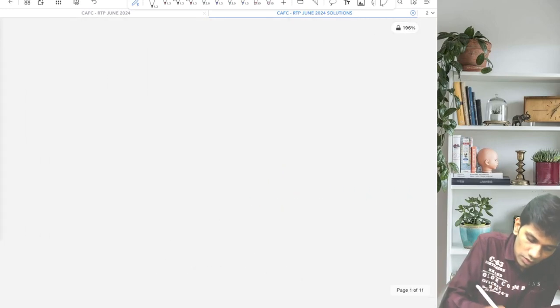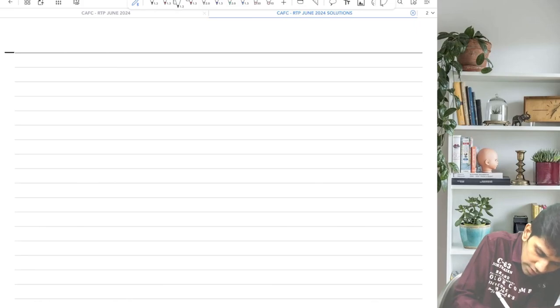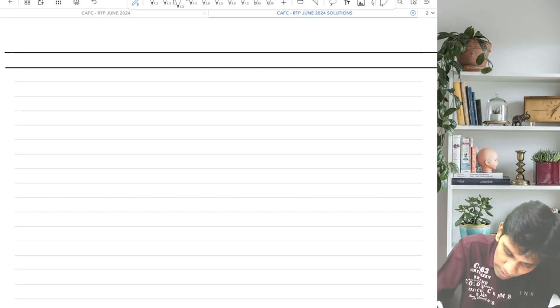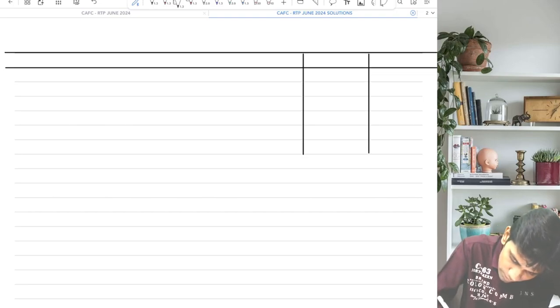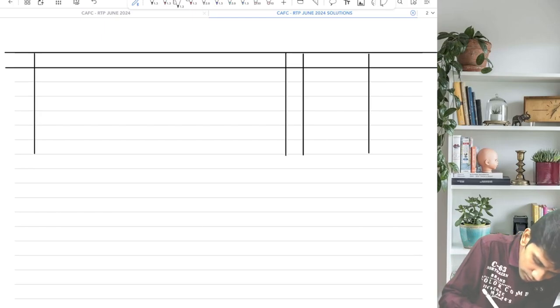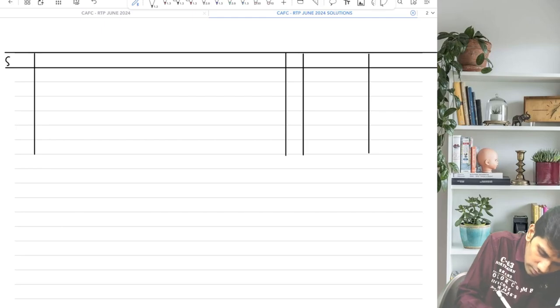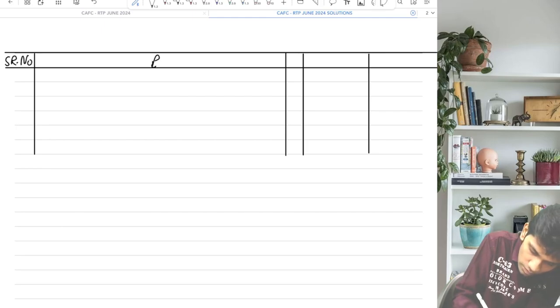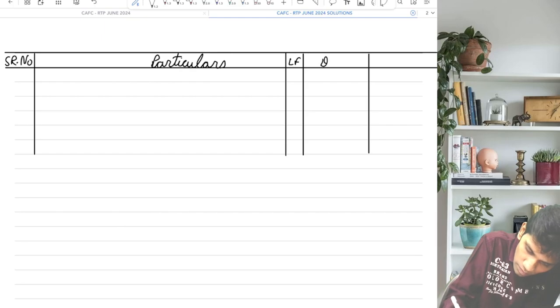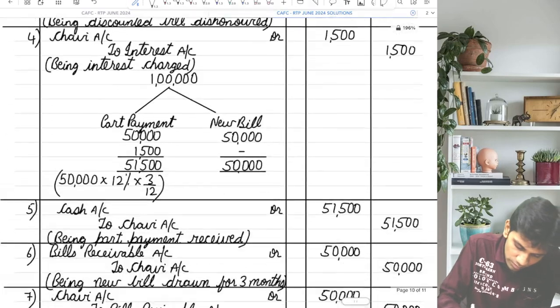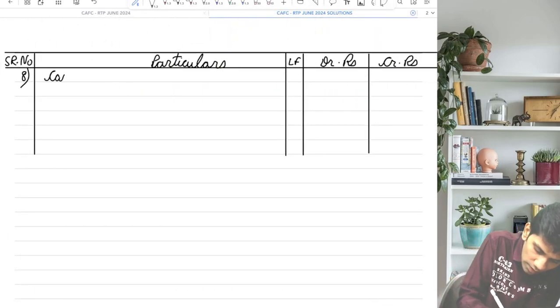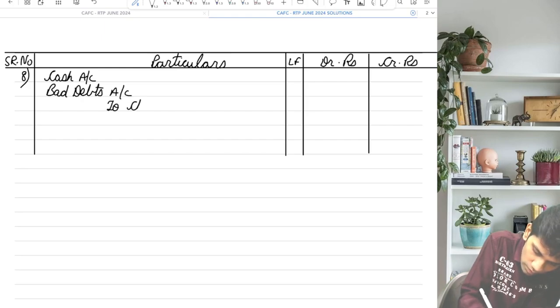One more entry will come in the books of drawer, that is the insolvency entry. Let me draw the format. Fine. This is entry number 8. We will say cash account debit, bad debts account debit, to Chavi account.